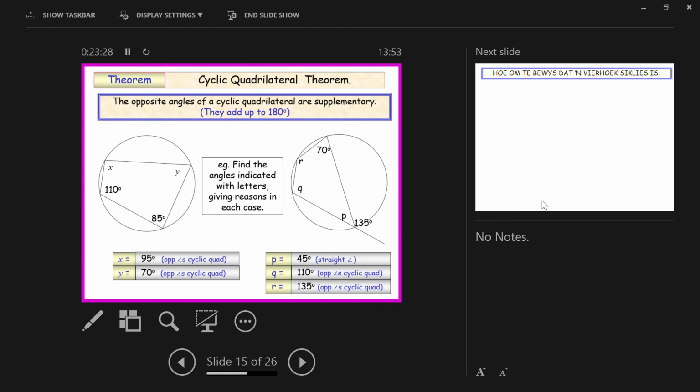Dis hoe hulle vir P gaan kry, dan sê hulle, hierdie en daai gee saam vir 180. But there is a shortcut, I think that's in the next few slides, where the exterior angle of a cyclic quad will be equal to the opposite interior. En kyk hoe is 135. Okay?